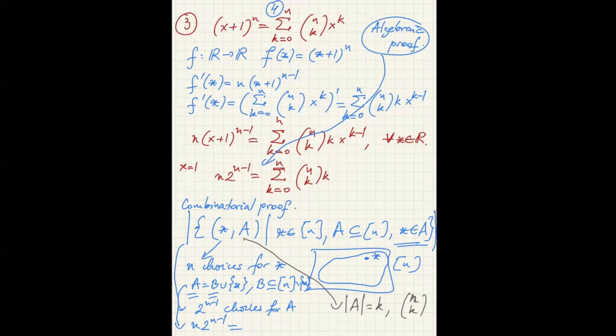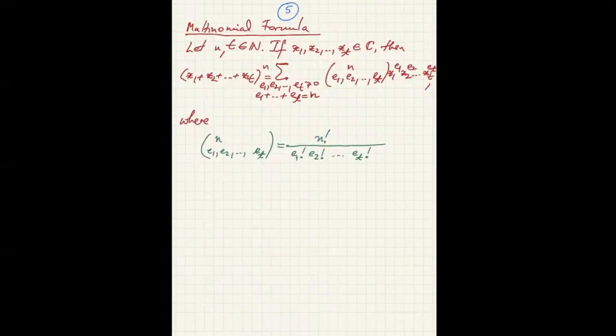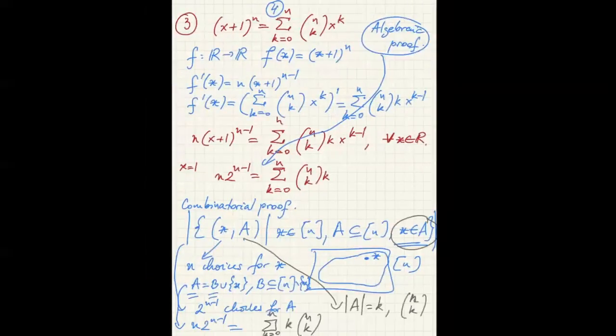To choose x, an element from A, we have k choices. So it's going to give us k times n choose k. This k can be anything from 0 to n, so we take the summation from k equals 0 to n, and so we get our result.